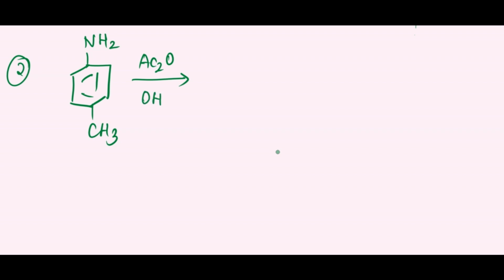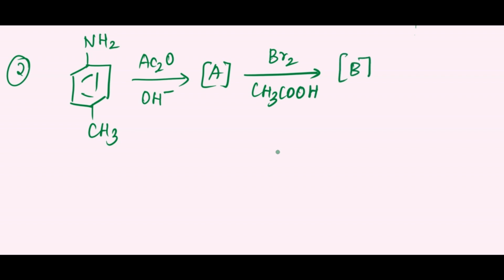Acetic anhydride, OH minus, it is producing A, with Br2 and acetic acid, it is giving B, and with H2O in the basic medium, it is producing C. So what is the answer? What is C in this case? Where will that get substituted? That is the important question.